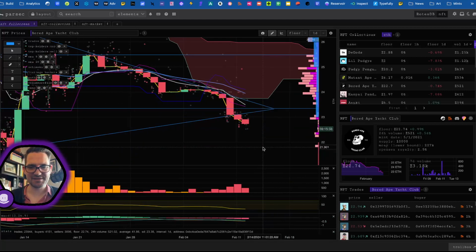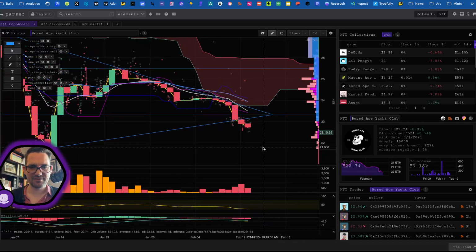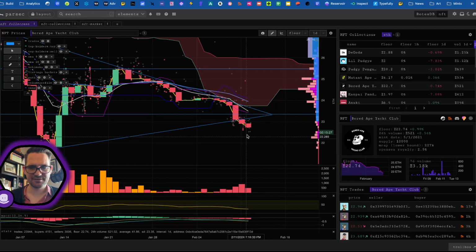So apes have broken down right here. So quite a bearish chart. Although maybe one of the saving parts is that they might be a bit oversold at this point.